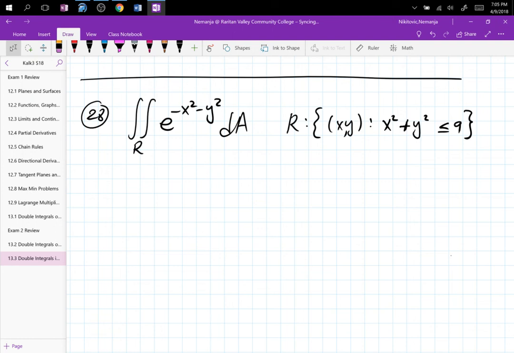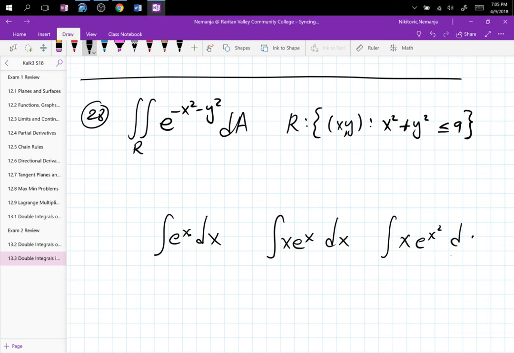But also, if you remember your Calc 2 from the beginning, chapter 7, integration by parts and so on, you know that you can integrate e to the x. You know that you can integrate x e to the x squared dx.